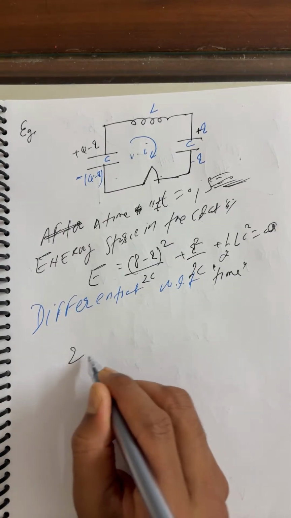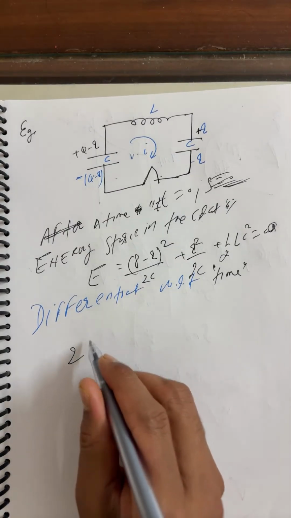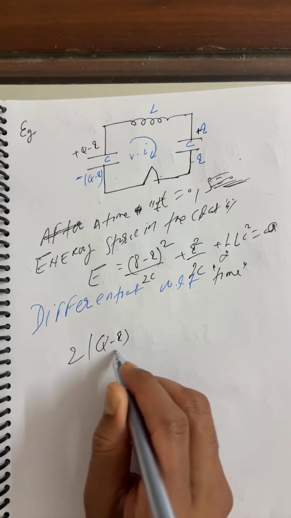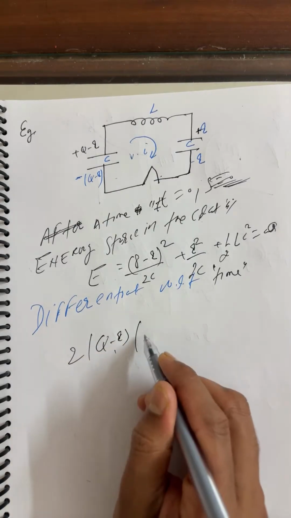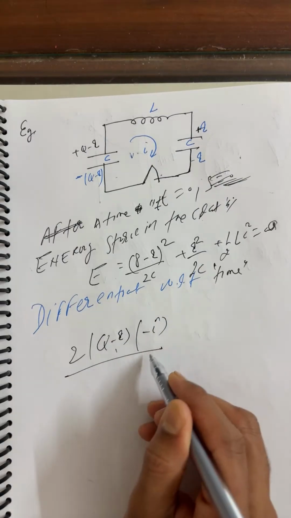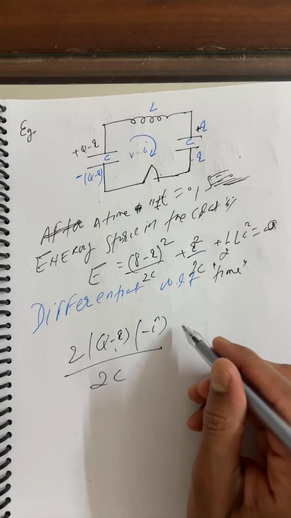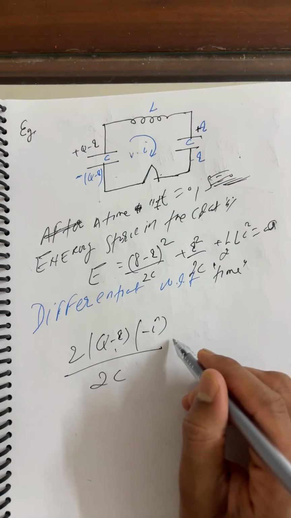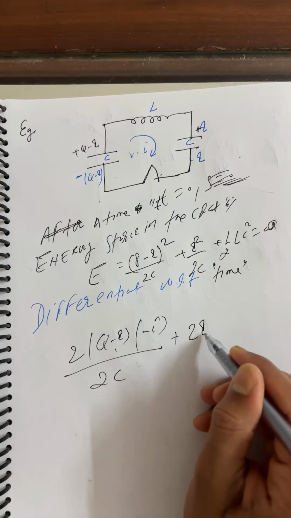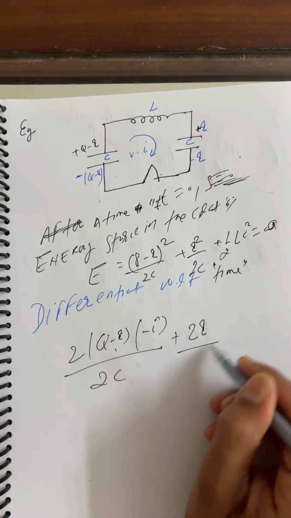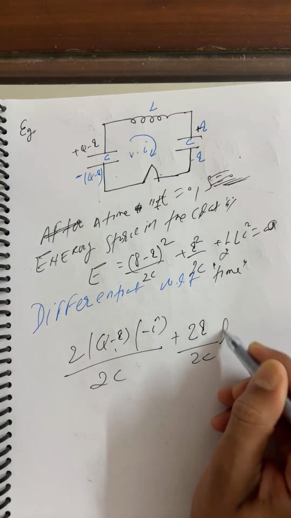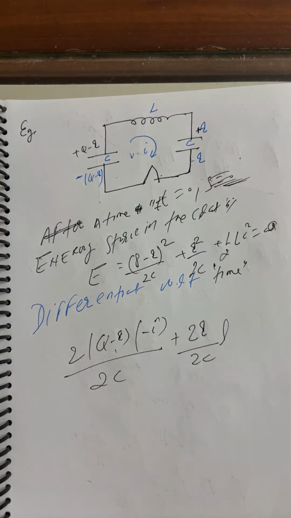So we can say twice capital Q minus Q minus I cap upon 2C. Then beta, what you can say is 2Q by 2C into L only, plus half L I square.